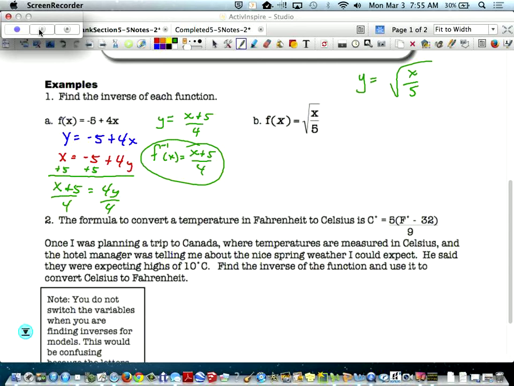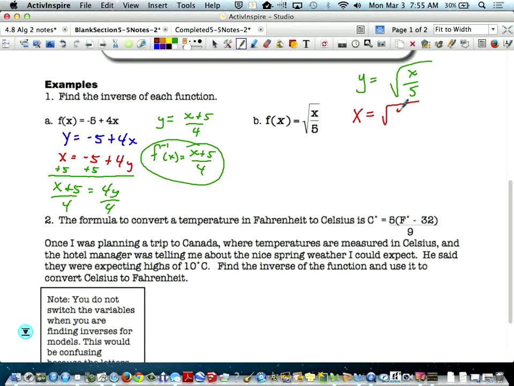So I left you when we had y equals the square root of x over 5. The inverse function, we want to exchange x's and y's, and then solve for y again. So to get rid of the square root, you can square both sides and you get x squared is equal to y over 5.